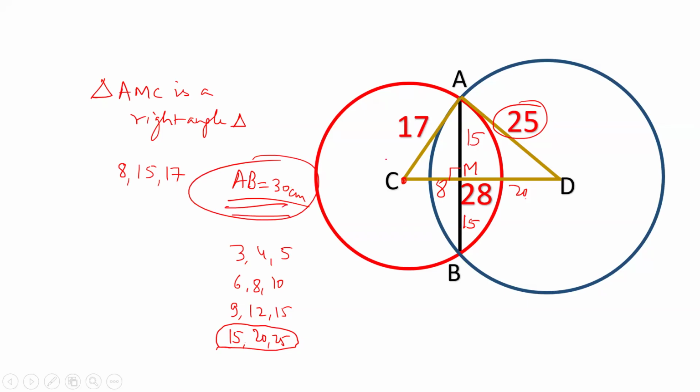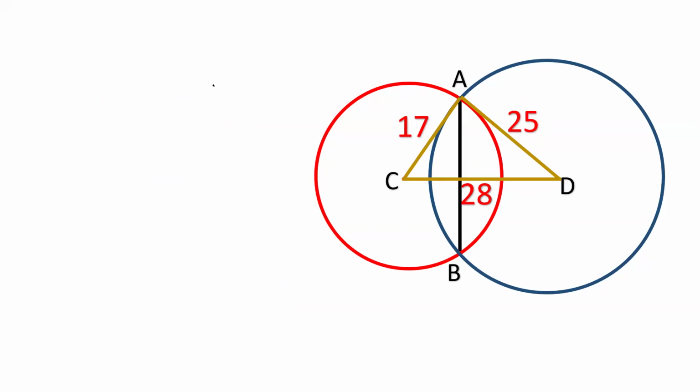Now, if we don't use the Pythagoras triplet, the other method is this. We'll take this line as x, and this will be 28 minus x. And this is a right angle, as we have proved that line joining the centers is perpendicular to the common chord.